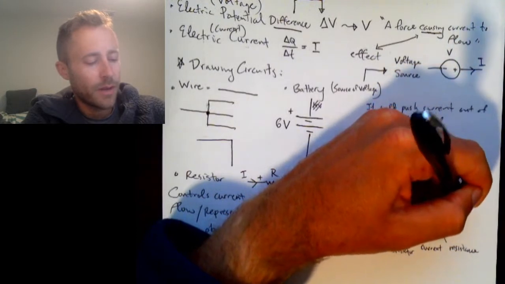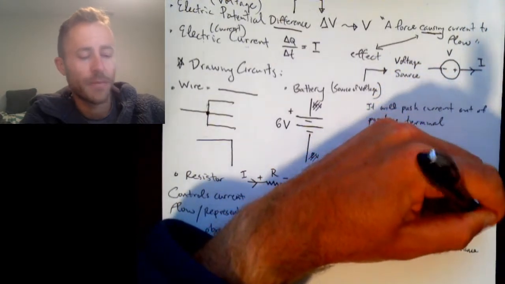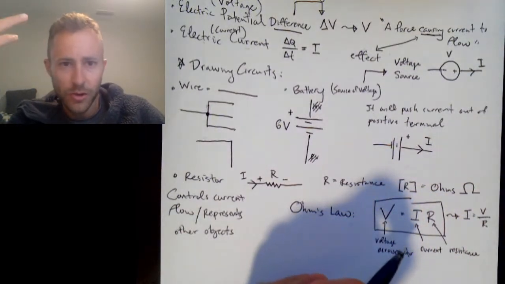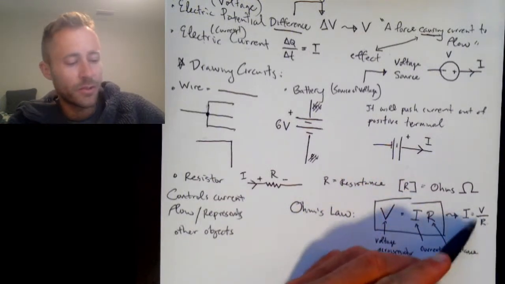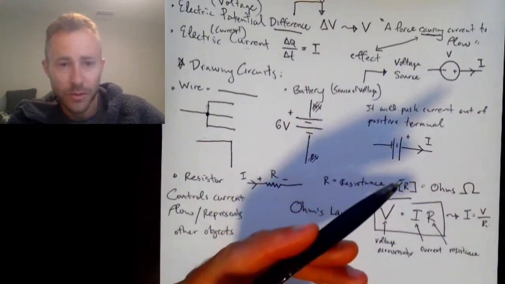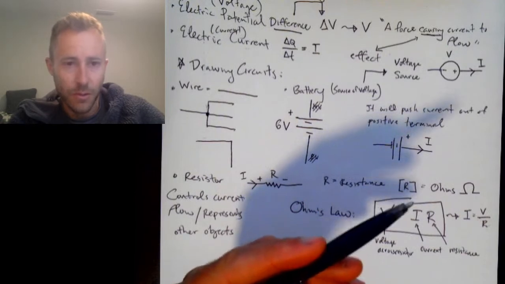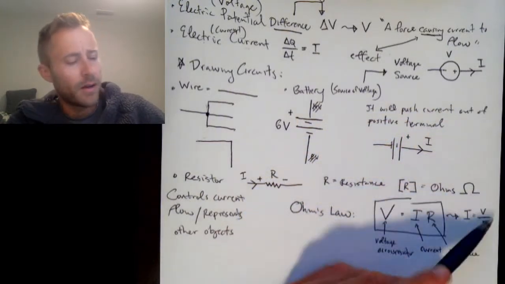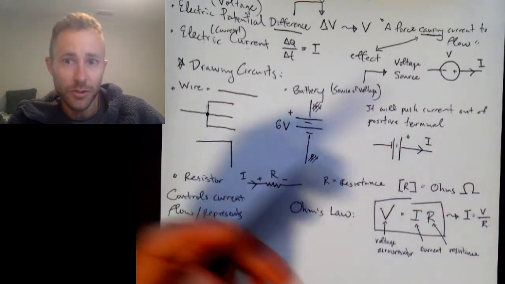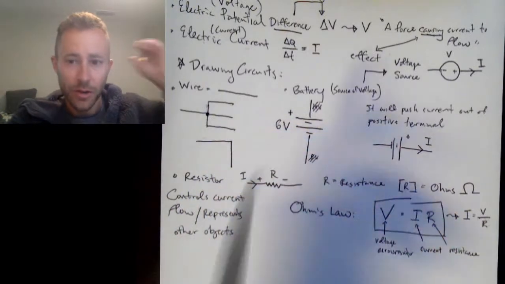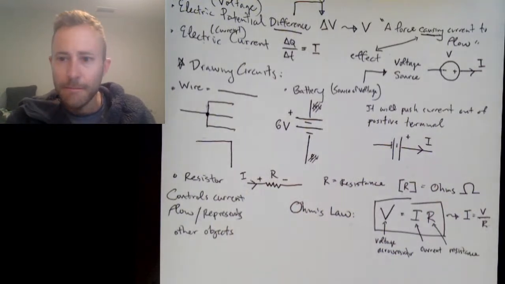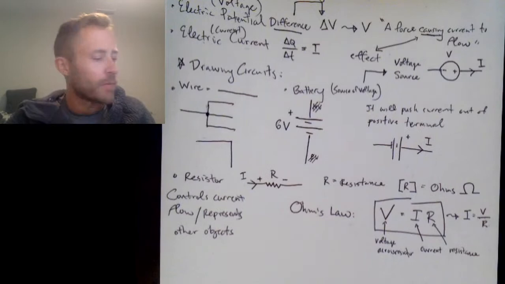And so we have I equals V over R. This form of Ohm's law tells us why R is called resistance, right? Because the more resistance you have, the less current is going to flow. That makes sense. The more resistance, the more it fights current flowing through it, so it gets less current. You can see this equation also expresses the causal relationship between voltage and current. So the more voltage you have, the more current is going to flow.